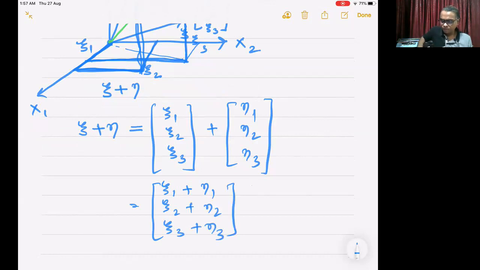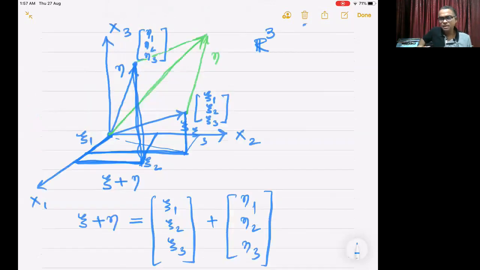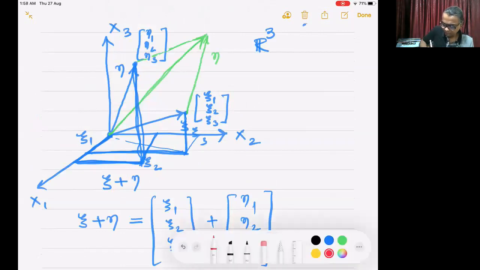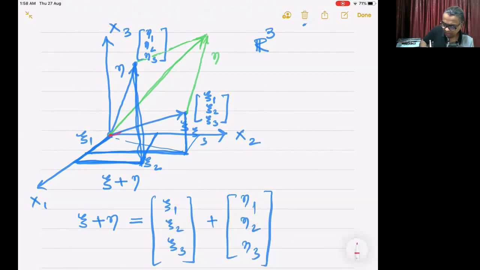Moreover, with the vectors xi and eta, instead of just taking xi, I could multiply xi by a scalar and get alpha times xi, where alpha is just a real number.